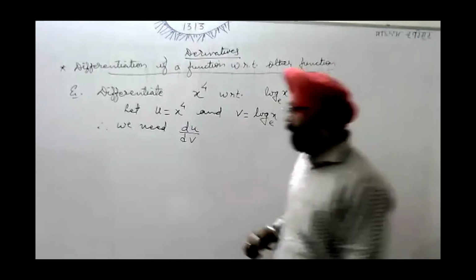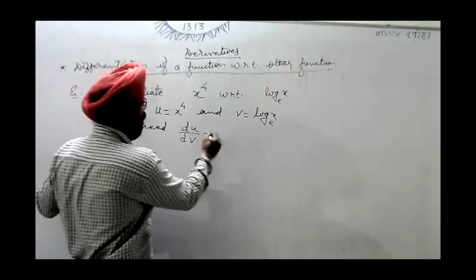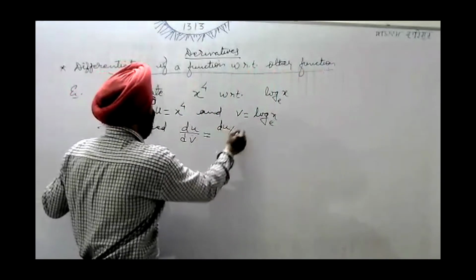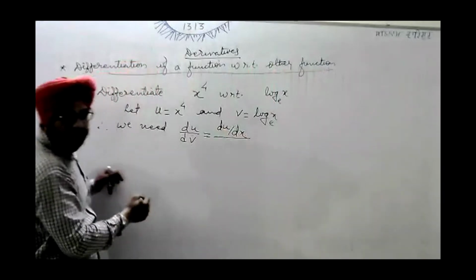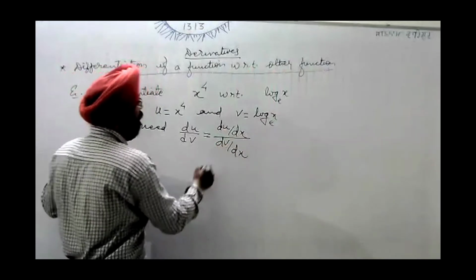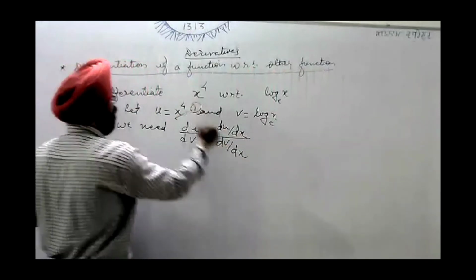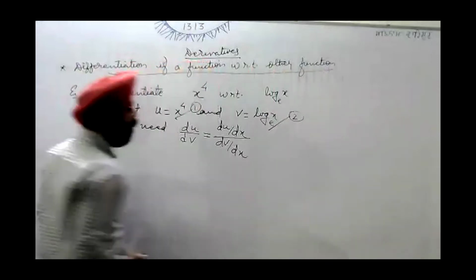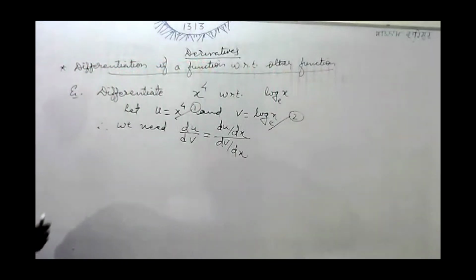So how can we find? Apply the same theory. du by dv is du upon dx upon dv by dx. Means differentiate equation number 1, equation number 2 with respect to x.